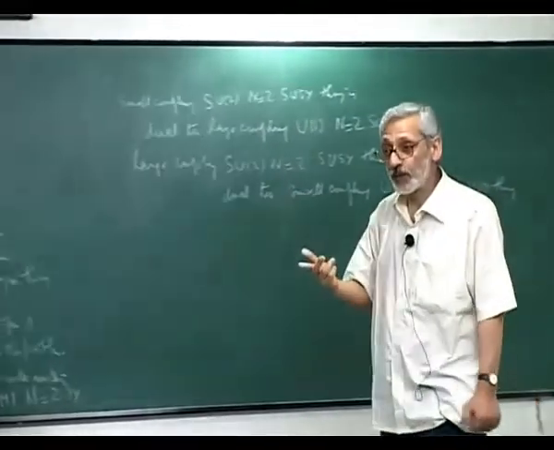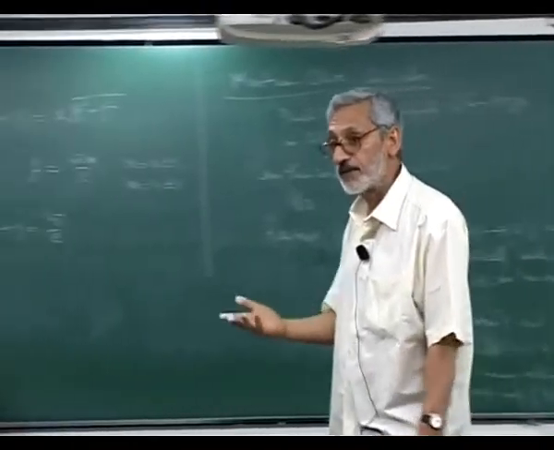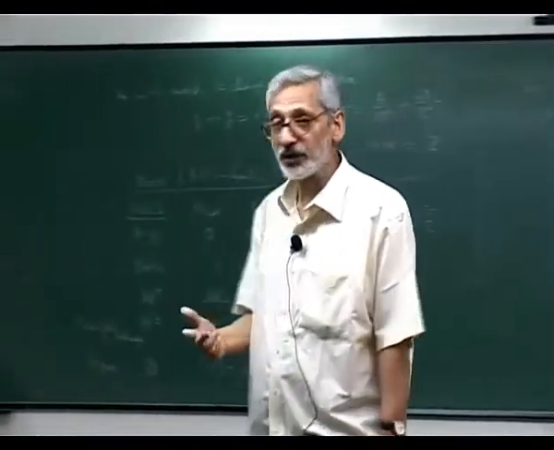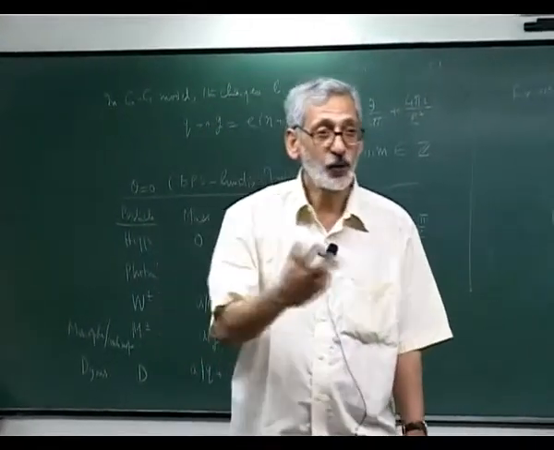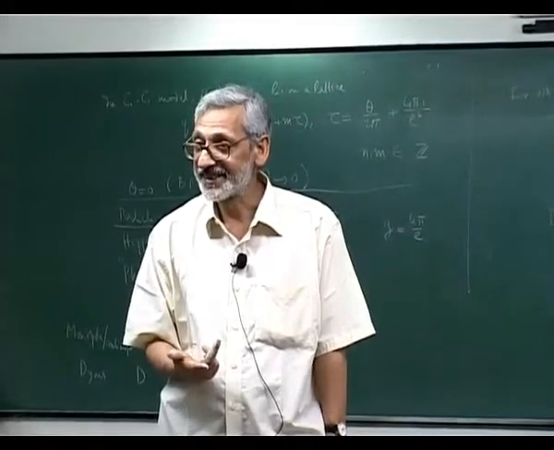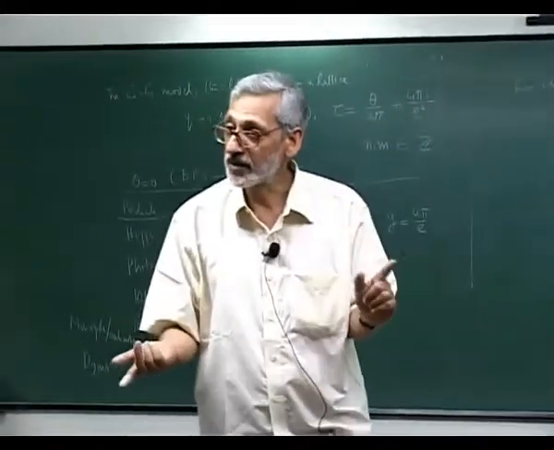So this gives you a very powerful tool for understanding large coupling behavior of quantum field theories, because you are able to map it to a weak coupling theory. The couplings of these two theories are related inversely.